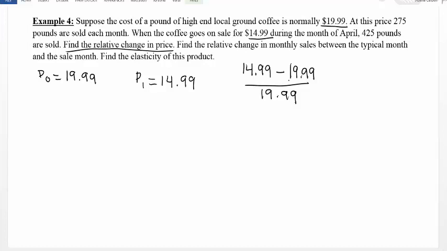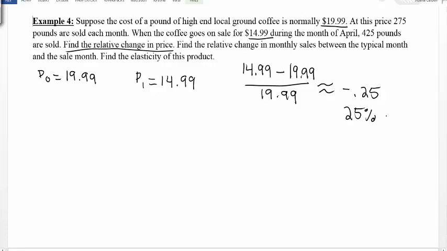And when we plug that all in, we are going to get approximately, I'm going to round this, negative 0.25. So negative 0.25, if we multiply that by 100, is going to give us a 25% decrease.